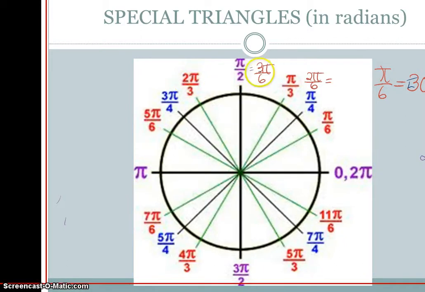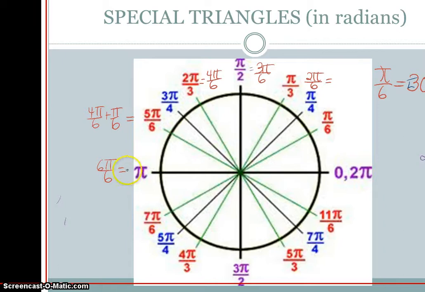So 3 pi over 6 plus another pi over 6 gives us 4 pi over 6, which is equivalent to 2 pi over 3. And if we add 4 pi over 6 plus another pi over 6, we're going to get our 5 pi over 6. If we add 5 pi over 6 plus pi over 6, we're at 6 pi over 6, which is equal to pi.